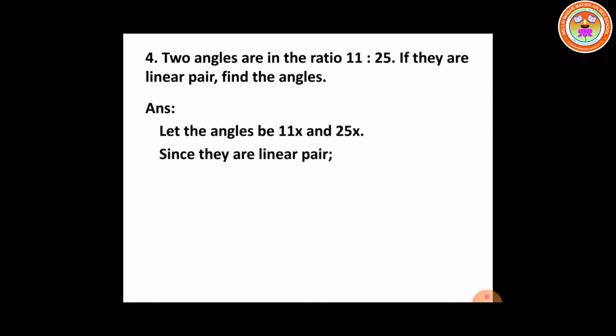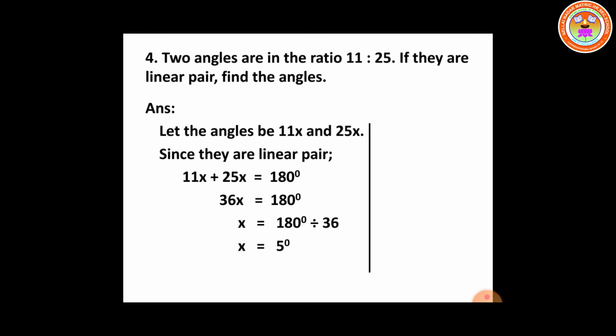Since they are a linear pair, their sum equals 180 degrees. 11x plus 25x equal to 180 degrees. 36x equal to 180 degrees. x equal to 180 divided by 36. x equal to 5 degrees.